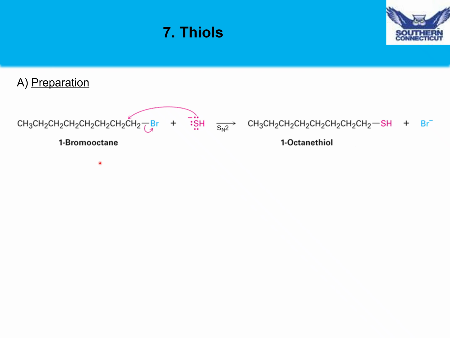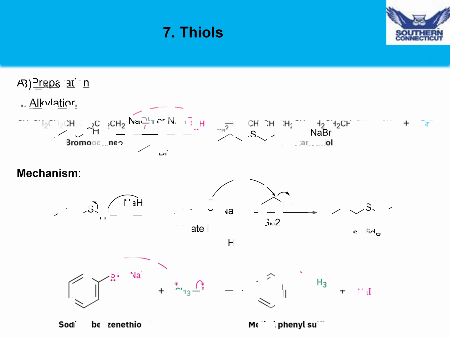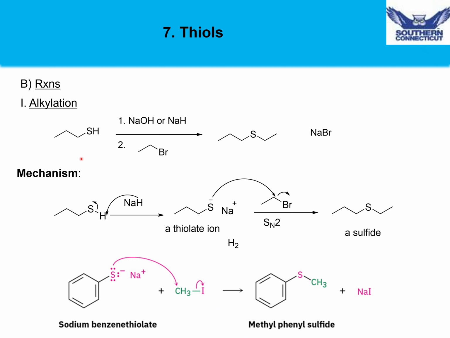One of the simplest ways to make thiols is by taking an alkyl halide and adding a thiolate ion. In an SN2 type reaction, the thiolate ion will attack the carbon with the leaving group and do an SN2 reaction to substitute in the thiol. Thiols can undergo a number of reactions.